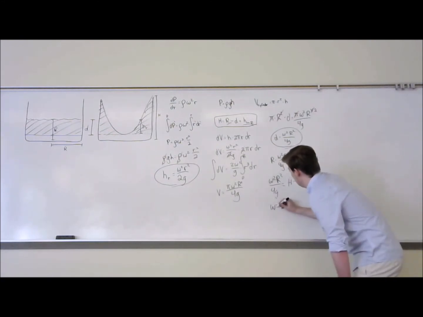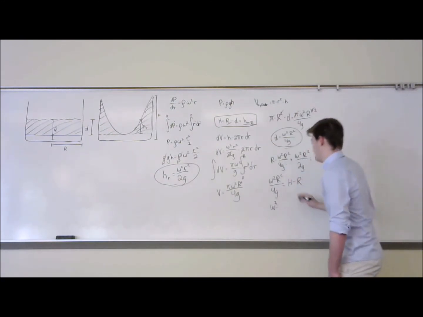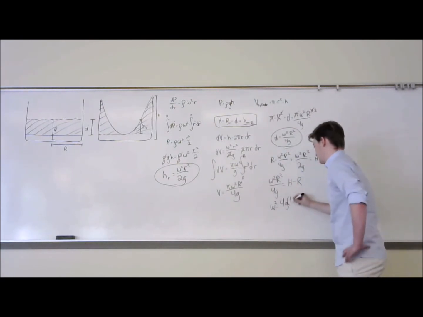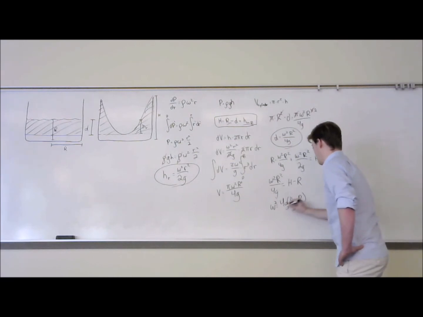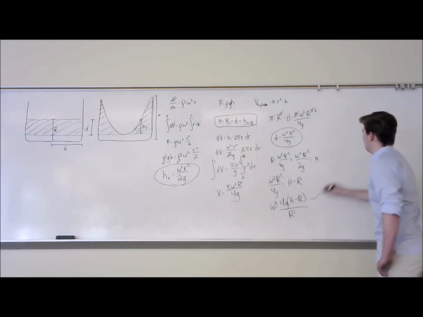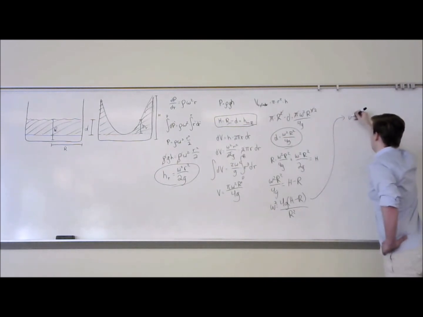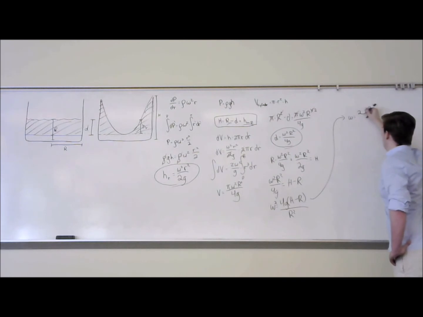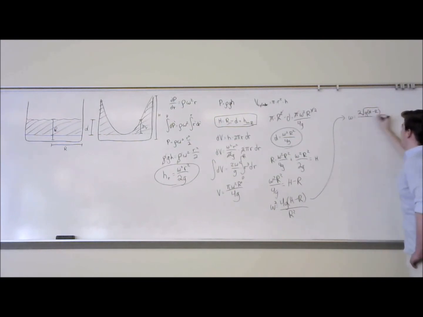So omega squared equals 4g times h minus R over big R squared. Finally, taking the square root of the other side, omega equals 2 times the square root of g times h minus R, over big R. And that is what we wanted to solve for.